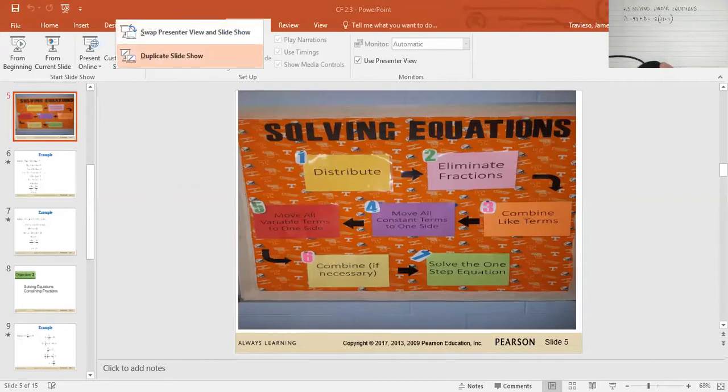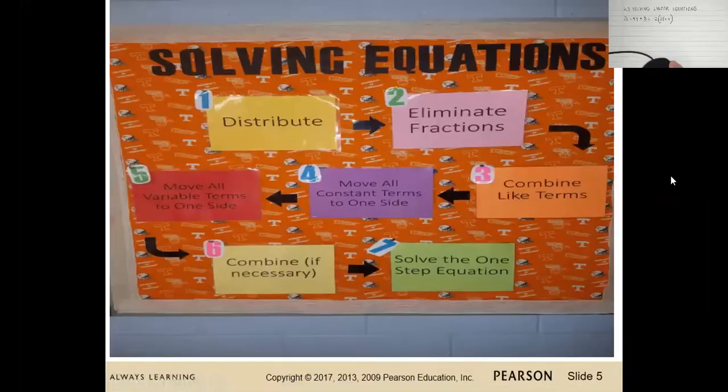I actually stole it from one of the classes I go into at Vanguard. One of the teachers had it up on the wall, and I really like it because if you just follow these steps, it really helps you as far as solving these equations. So for the most part, anytime you have to distribute, that's usually the first thing you're going to do.